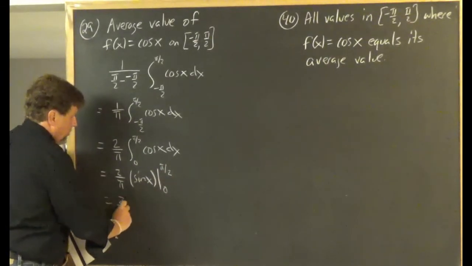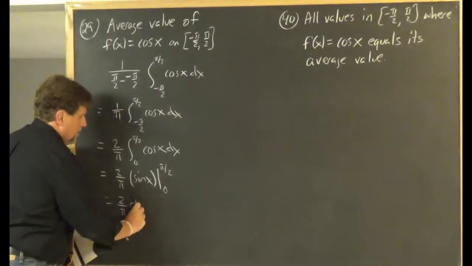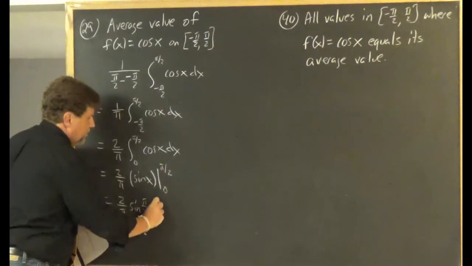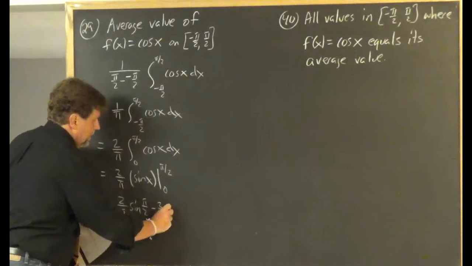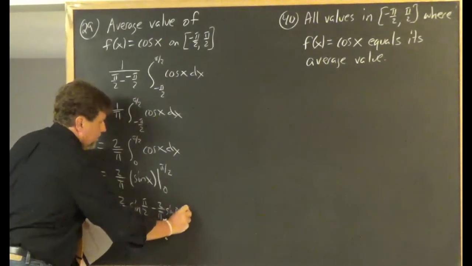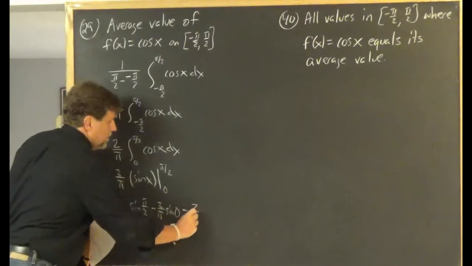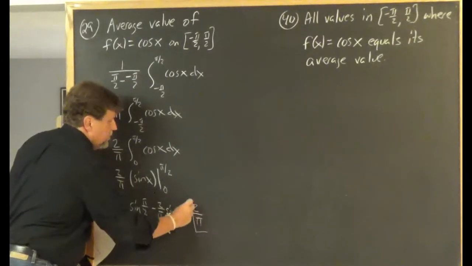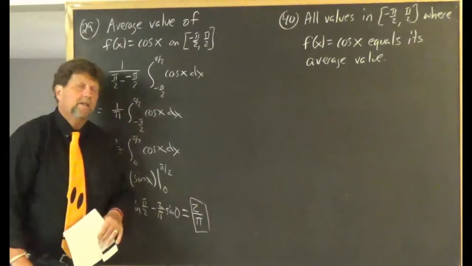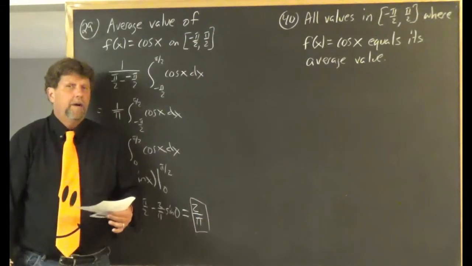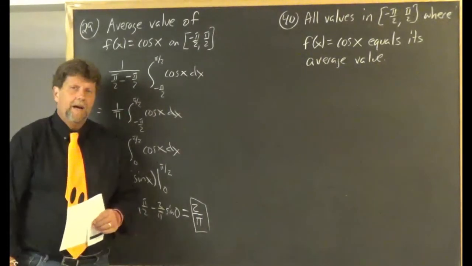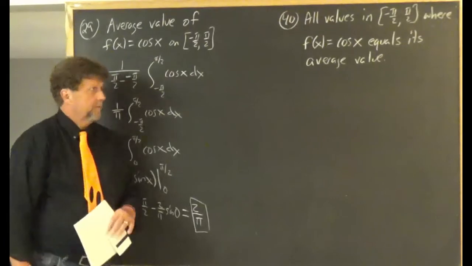So we get 2 over pi sine pi over 2 minus 2 over pi sine 0. We know that's 0. This is 1. So we get the average value of cosine x on the interval negative pi over 2 to pi over 2 to be 2 over pi.